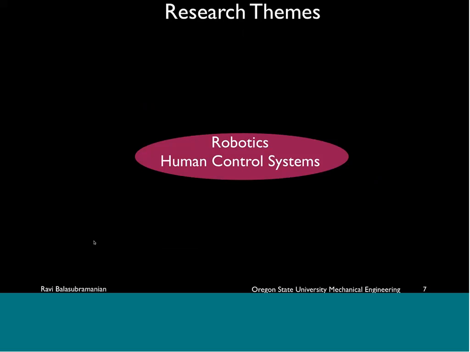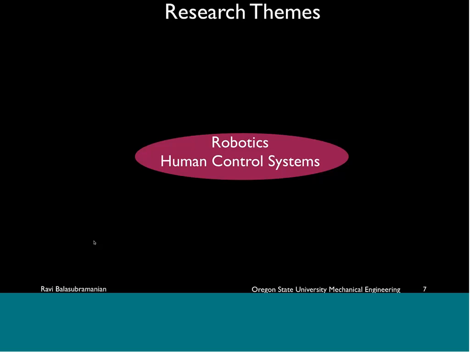Robotics, of course, is to design intelligent machines that can sense, think, and act, while on the other hand, human control systems, the way I look at it, is to treat the human body as a control system with actuators in the form of muscles, with sensors, and a smart controller in the form of the brain and spinal cord system.